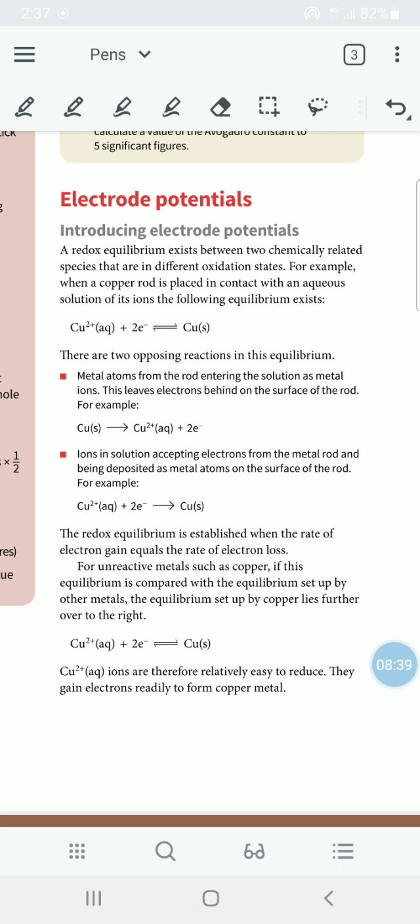but because copper is a rather unreactive metal, the equilibrium would be further to the right.